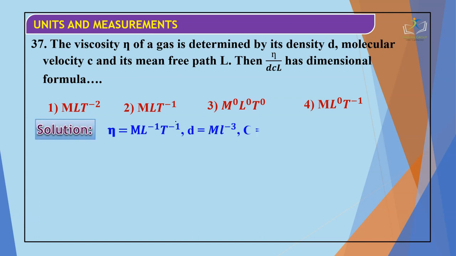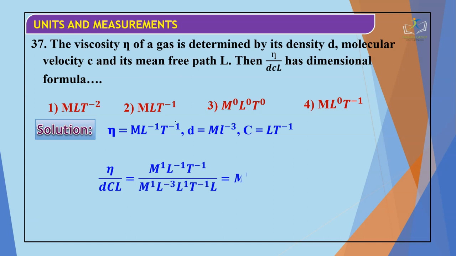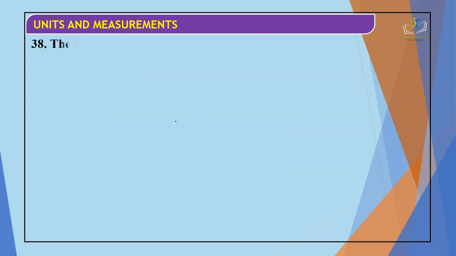Solution: eta is ML minus 1 T minus 1, D is ML minus 3, C is LT minus 1. So eta by dCl is M1 L minus 1 T minus 1 over M1 L minus 3 L T minus 1 L. After solving, M0 L0 T0 comes. This is the third option.